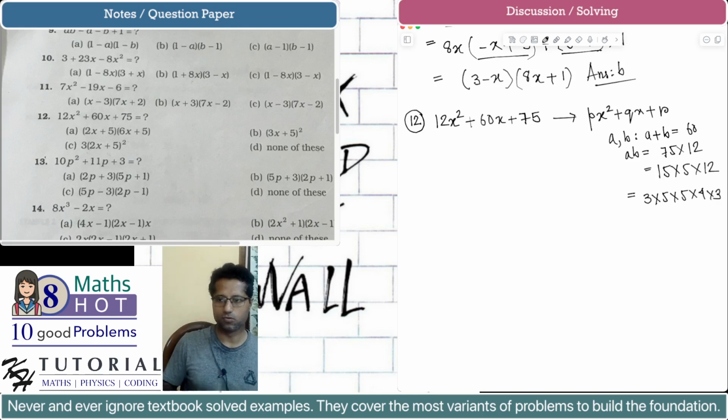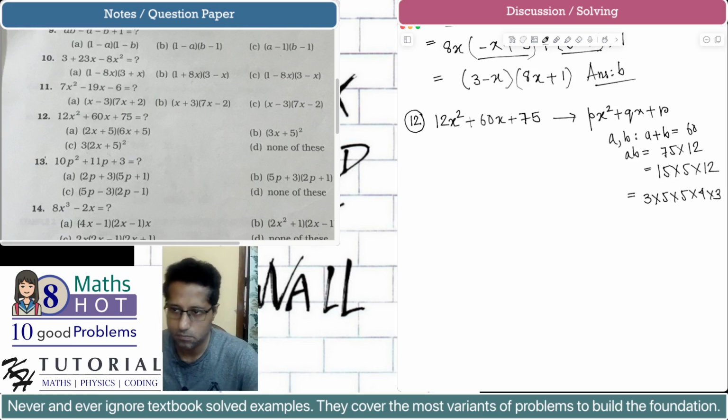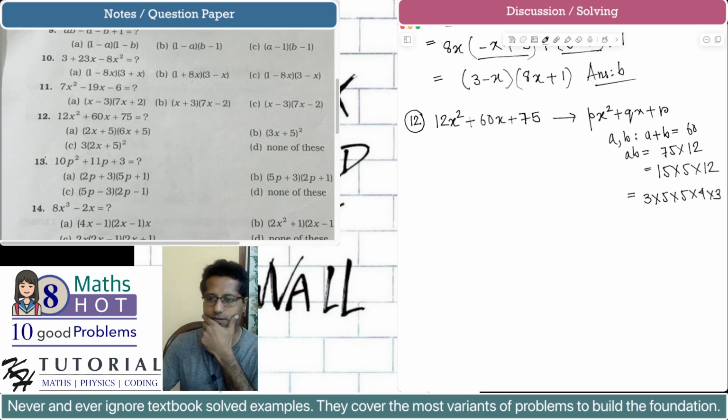Now can we create two factors so that their sum is 60? 30 and 30?